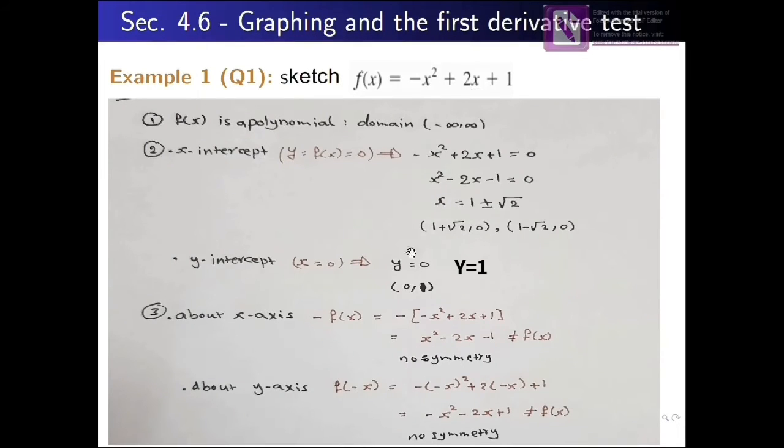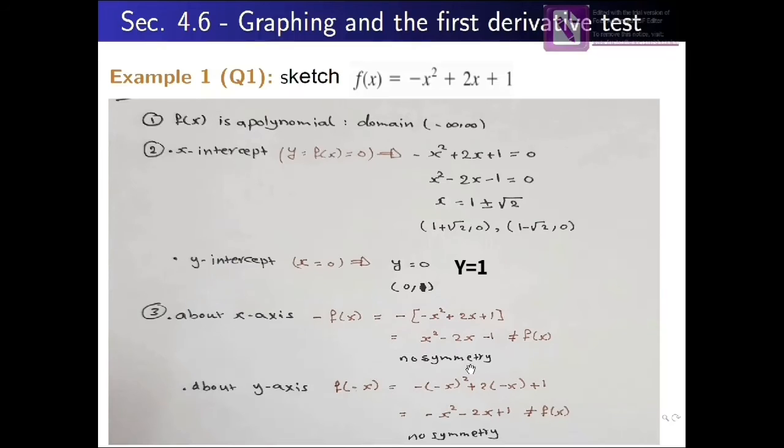Now if you compare x squared minus 2x minus 1 with minus x squared plus 2x plus 1, they are different. So we see that -f(x) is not equal to f(x), so there is no symmetry about the x-axis.